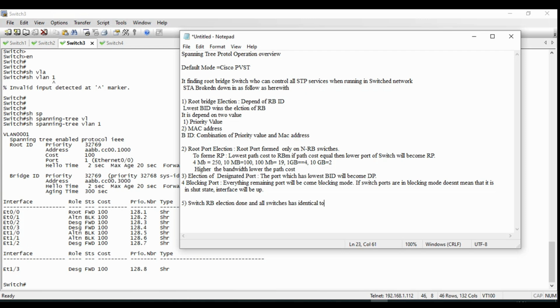See, even routing protocols like RIP, IGRP, EIGRP, OSPF, BGP, they have some topology database. The same way switches also have a topology database. And when some change happens, please listen, this is very important, that is called a topology change.